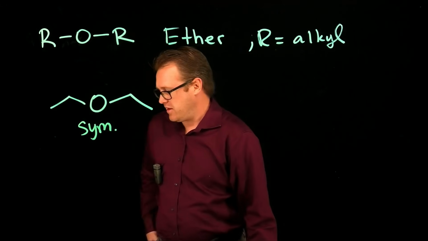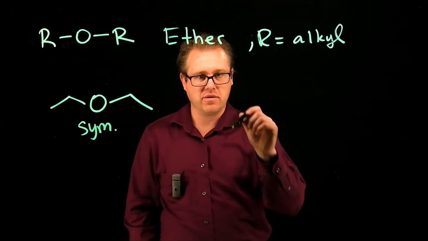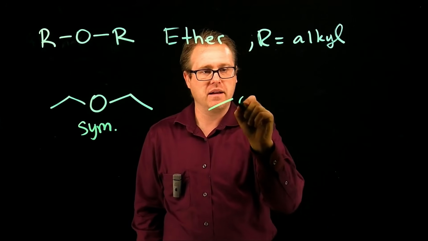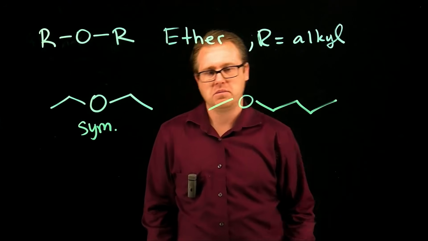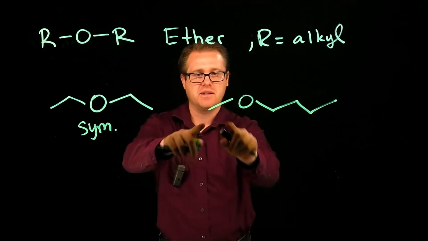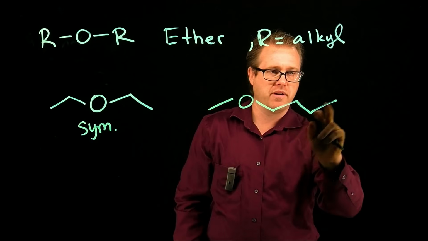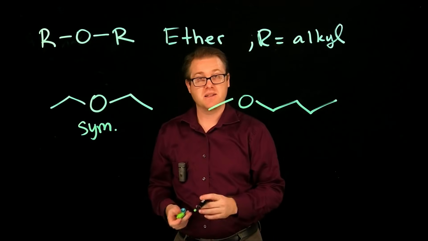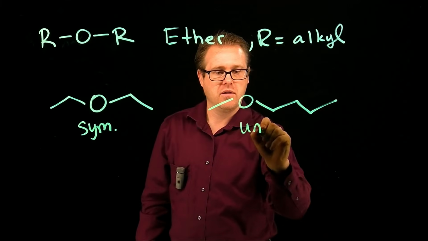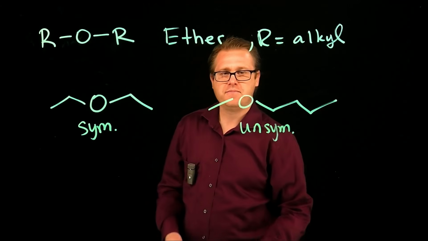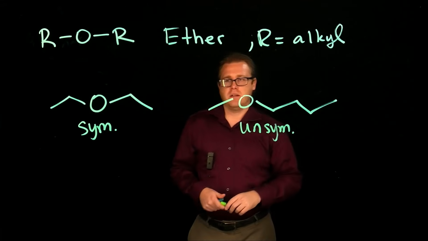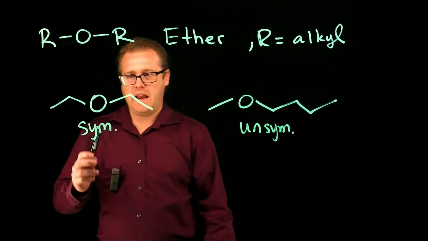Symmetrical. But then you can have an unsymmetrical ether, so something that looks like this. You can see this R group is a methyl, and then this R group is 1, 2, 3, 4. So 4 carbons. It's unsymmetrical. So ethers.